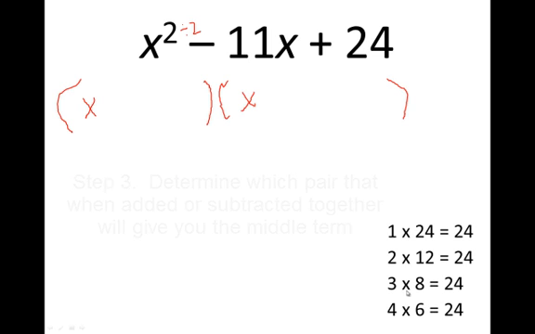So right away I'm going to see, oh look here, 3 and 8. If I add those it will give me an 11. So what you have to do is just write 3 here and 8. Okay, and then you look up here and you see that it has to be a negative 11.